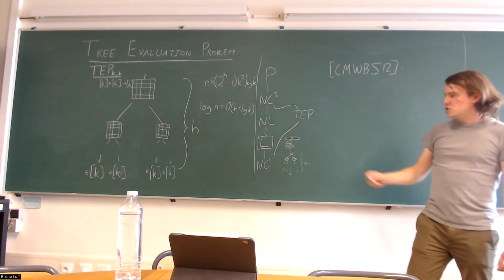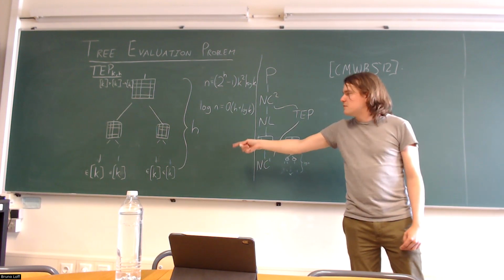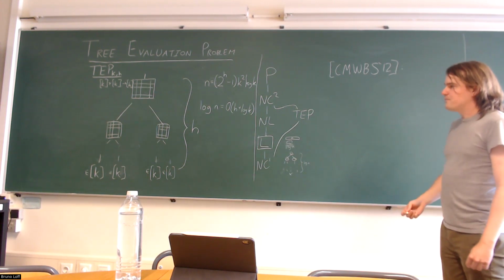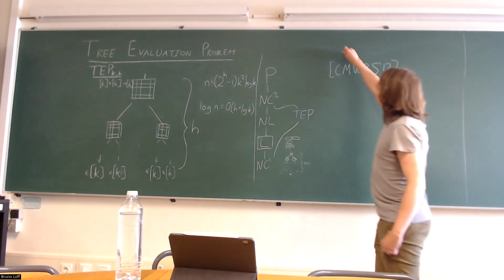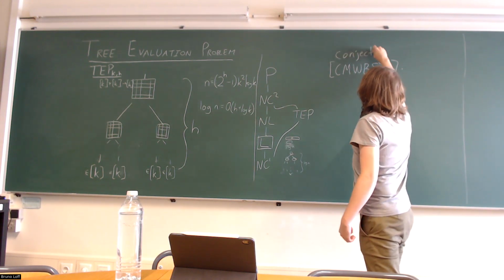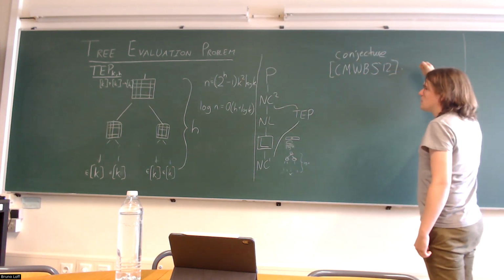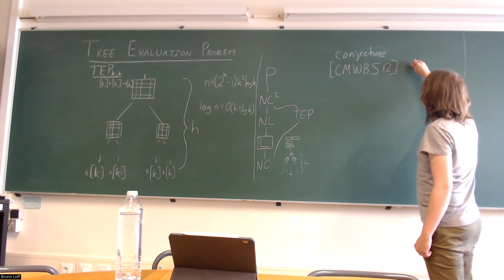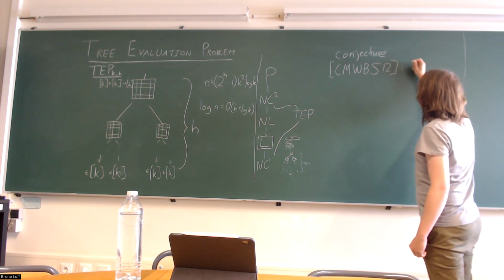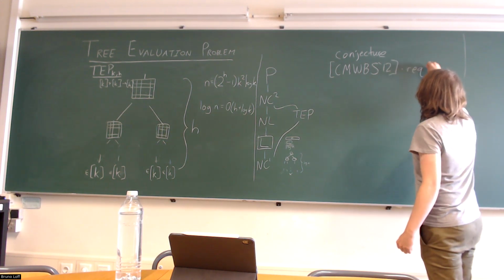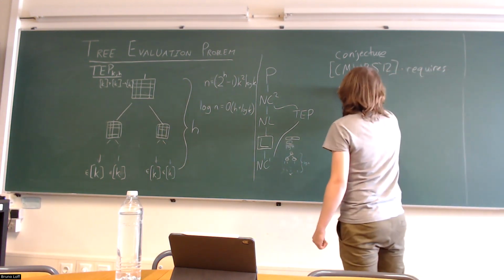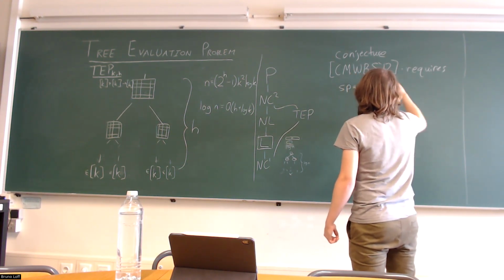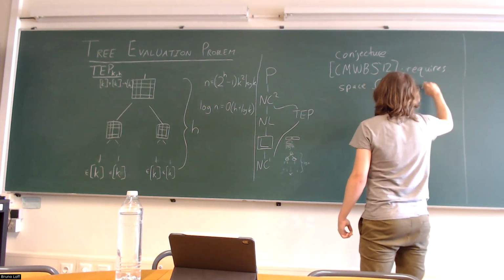So they introduced this tree evaluation problem, and they said, okay, look, this problem is obviously in P. You just do the algorithm that I described earlier, like the definition of the problem, start from the bottom, compute your way up to the top. Obviously in P, but their conjecture is that the space required for tree evaluation requires space h times log k.